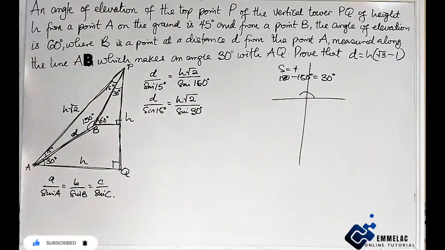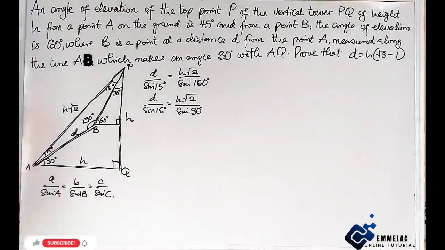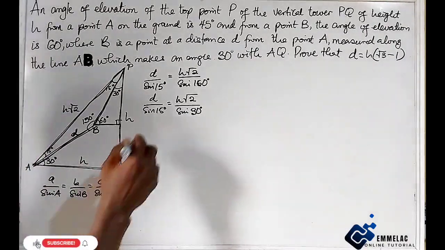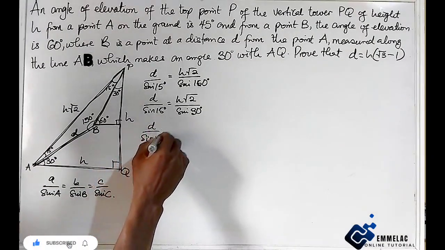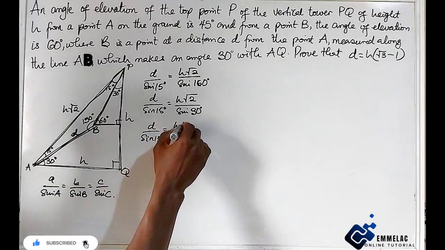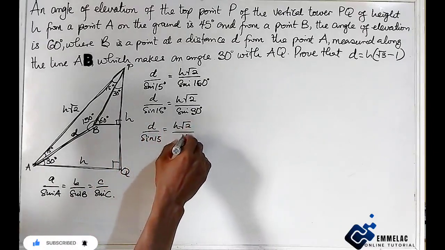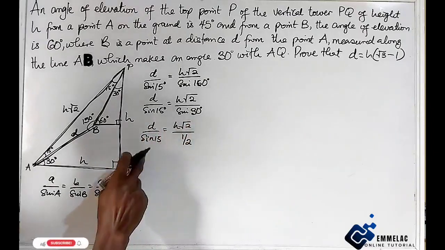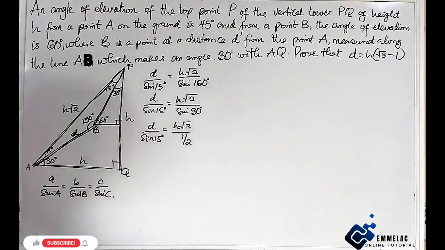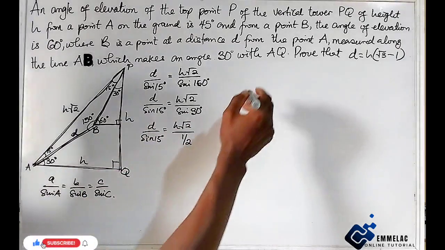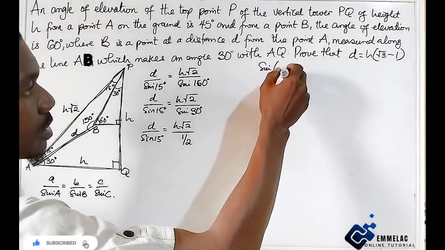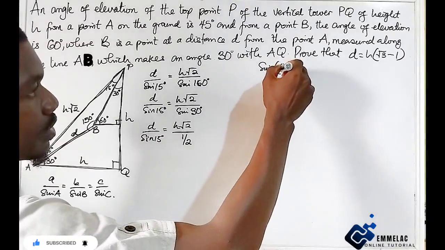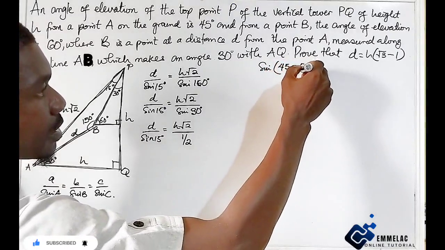Now simplifying this, we get D over sine 15 equals H, the square root of 2, over 1 over 2. For us to resolve sine 15, let's come over here. Sine 15 could also be 45 minus 30.